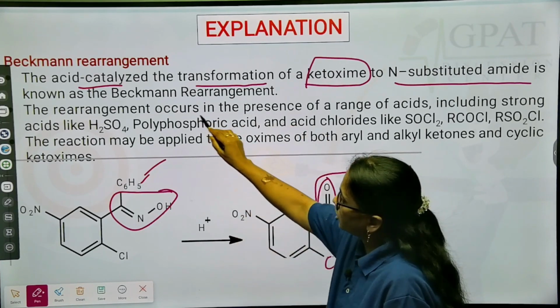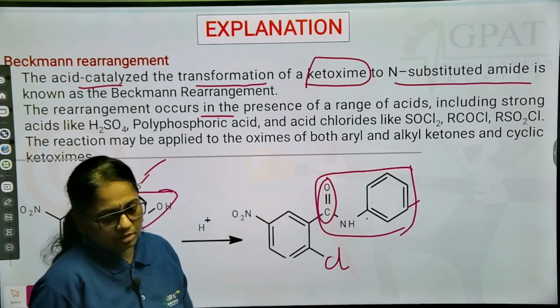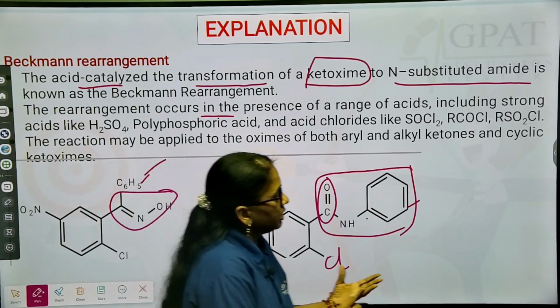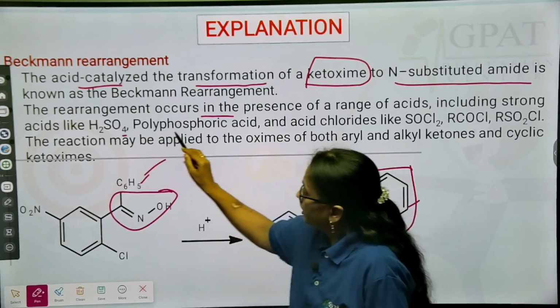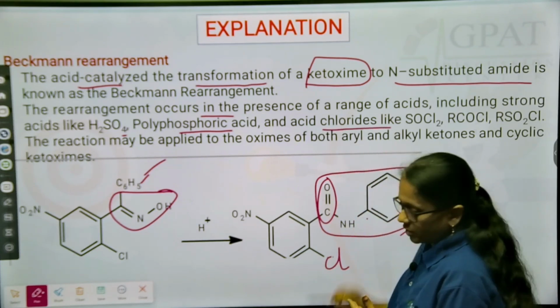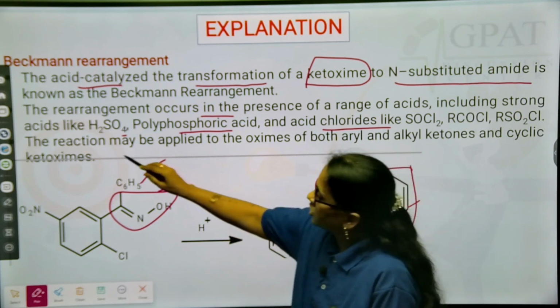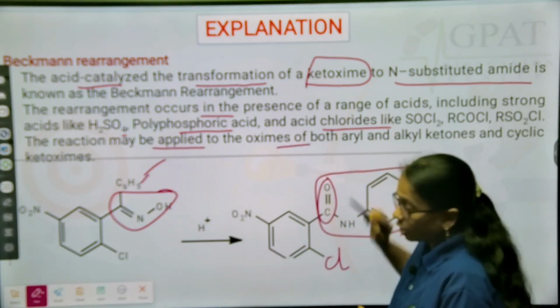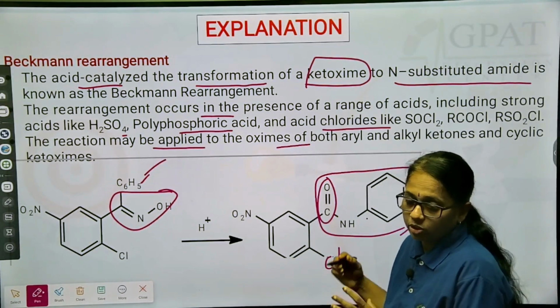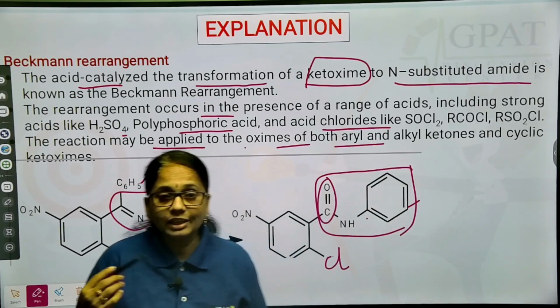This rearrangement occurs only in presence of very strong acids, like sulfuric acid, polyphosphoric acid. Some of the acid chlorides are also going to promote this reaction. The reaction is applied to the oximes of both aryl and alkyl ketones.